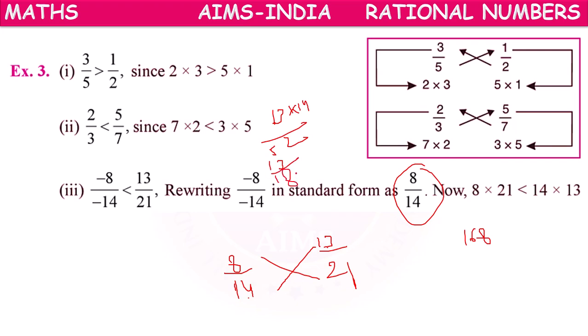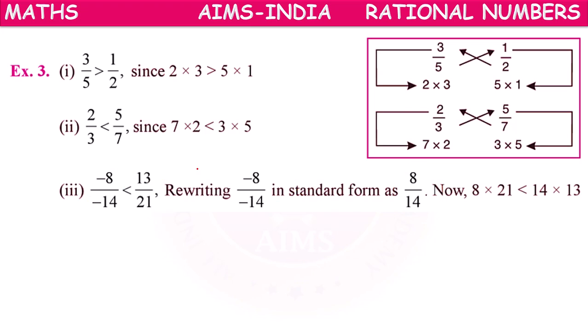So we are getting 182. 168 is less than 182, so the first fraction is less than the second fraction. Like that we can compare.